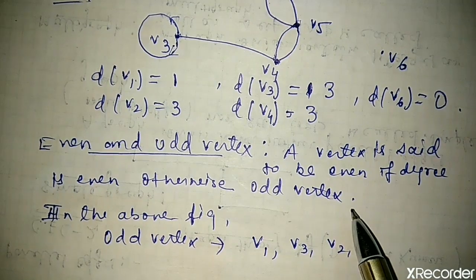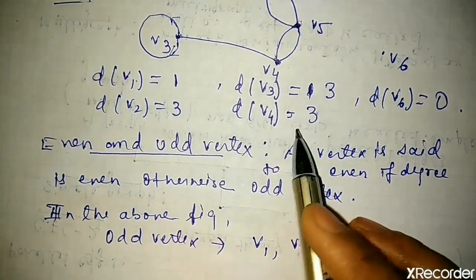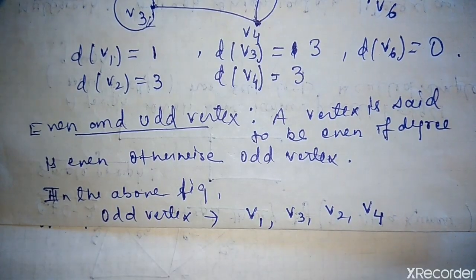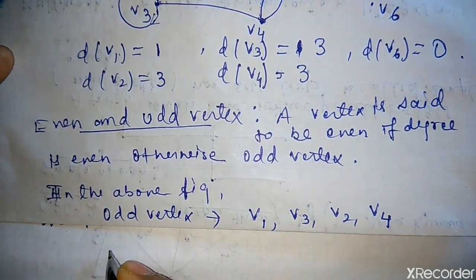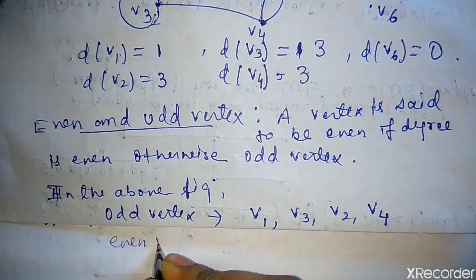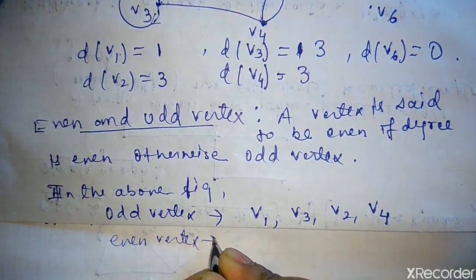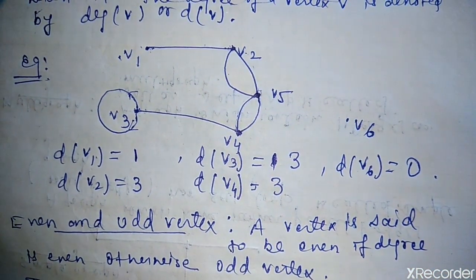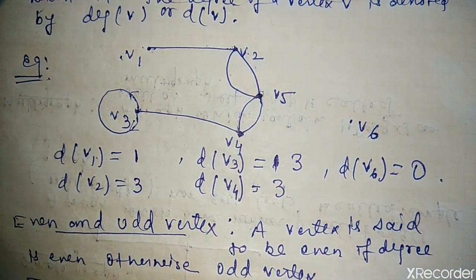Why? Because the degree of each of these vertices is odd. Now what are the even vertices?